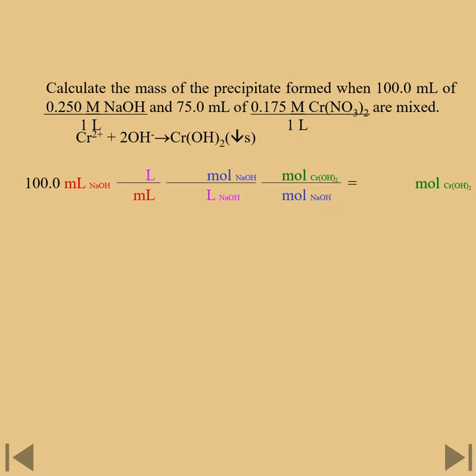Note we quickly went into moles because we knew the only way to get from one chemical to another is through moles. 1 milliliter is 10 to the negative third liters, and do note that's 0.250 moles of sodium hydroxide per liter. And then we see 2 sodium hydroxides, that's the source of hydroxide, per each 1 mole of chromium 2 hydroxide.